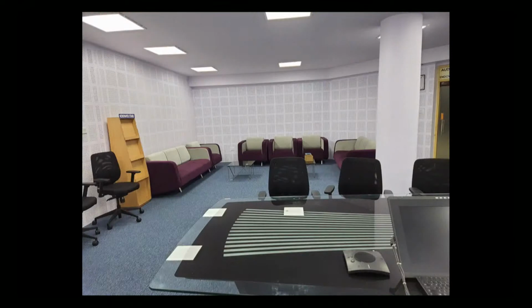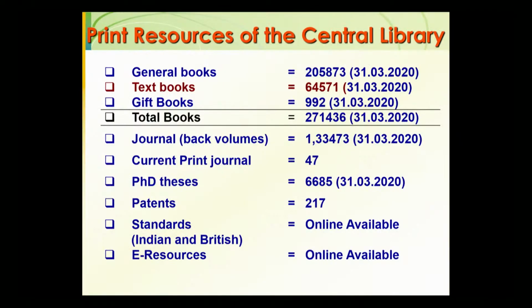Now, what is the total collection that we have? We have textbooks, general books, and books that we have received from various faculty, alumni and organizations, which are called gifted books. In total we have 271,000 books.